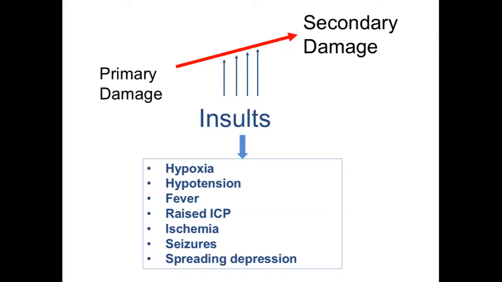Right after, there is the activation of a cascade of pathways at physiologic, cellular, and molecular level. And there is not that much that we can do to change the secondary damage. But we know that there are insults, and I've listed some of them in the slide.